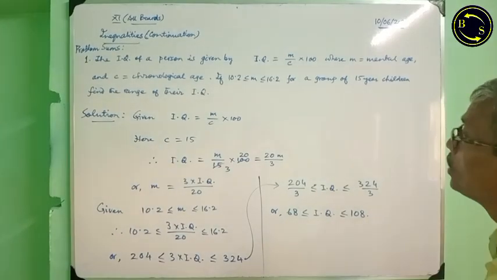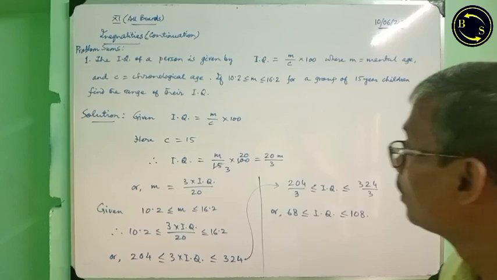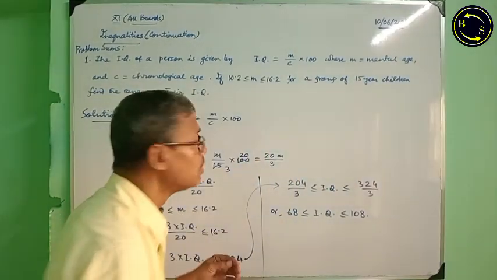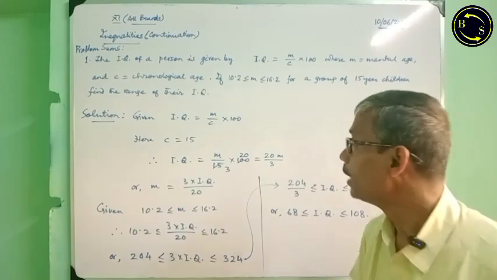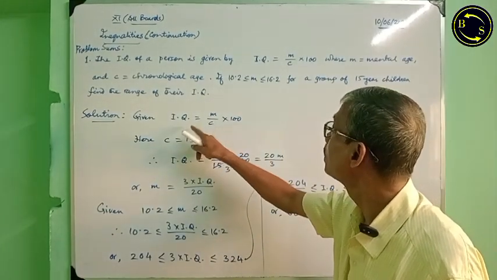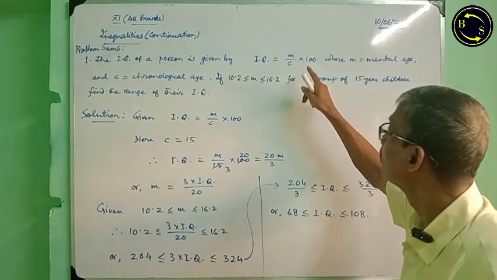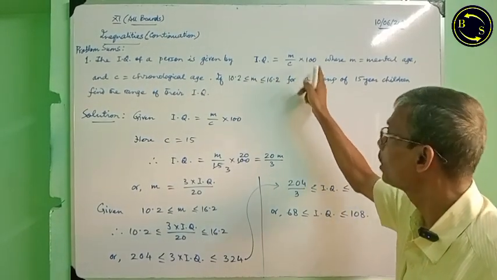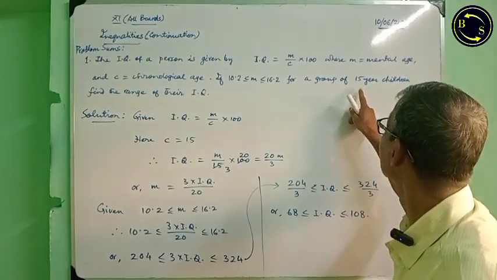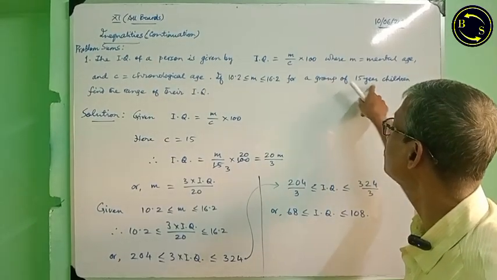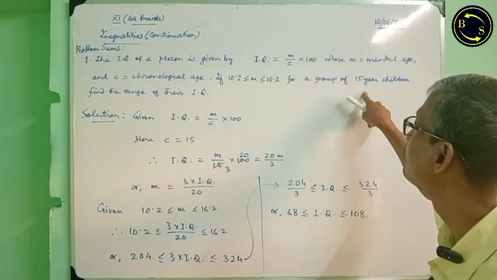Actually we use intelligence quotient for describing the measure of intelligence of a person, and the relation of IQ, intelligence quotient, and mental age, chronological age is given by this formula. Now 15-year group, that means chronological age C is equal to 15 years.